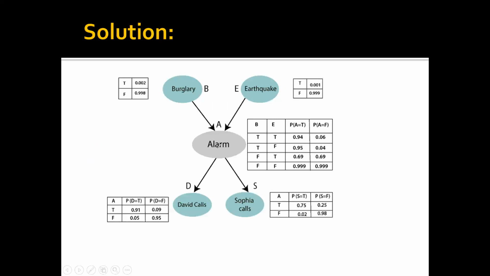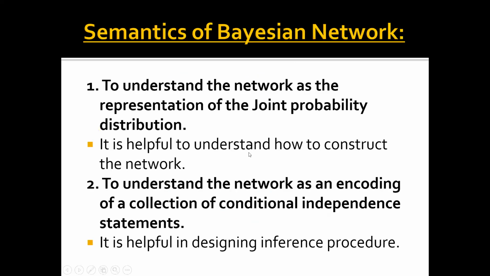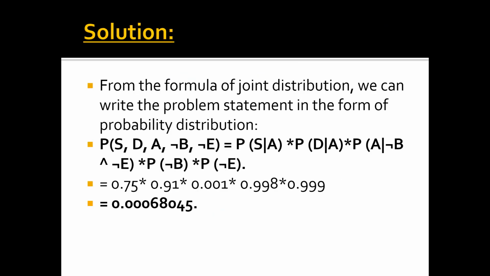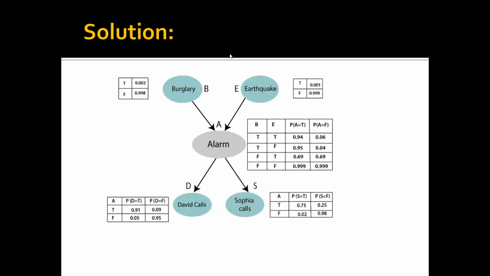I hope this is clear. S by A and D by A, because these were the events that were positive. Now S by A is written into D by A, and we are writing P A upon negation of B and negation of E, because the graph itself says that A is dependent on B and E. But these both events are negative.